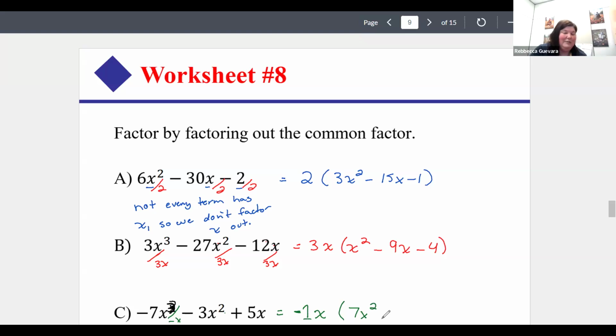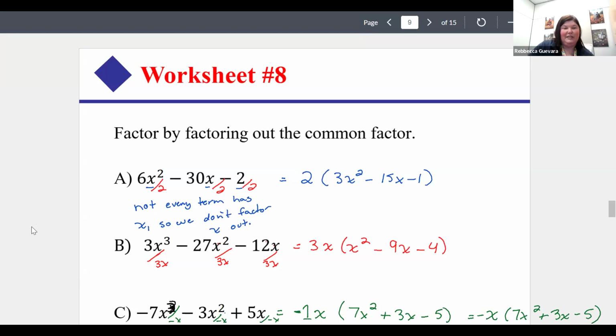So that should have been positive 7x squared, but what's important is it turns to a positive. We're getting rid of a negative x here, so that's positive 3x, and then a negative x here turns that to a negative 5. We don't necessarily write negative 1x. We would just say negative x times 7x squared plus 3x minus 5.